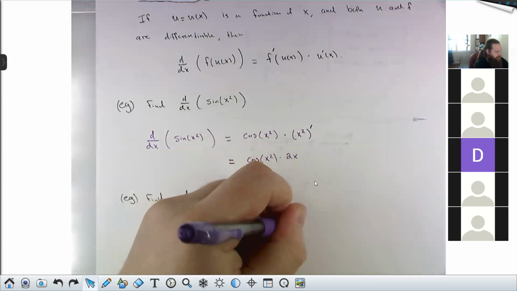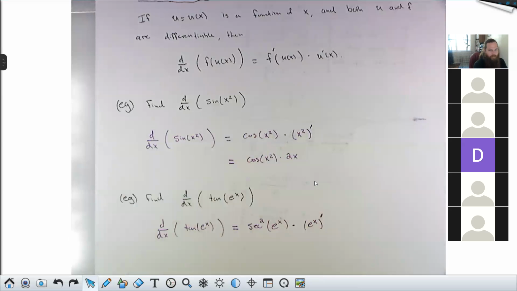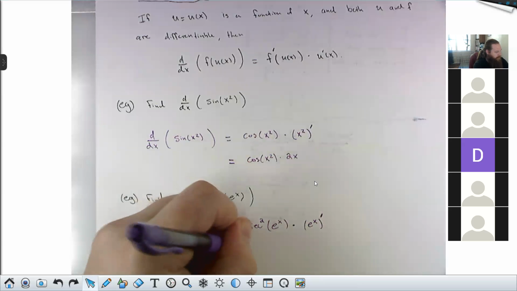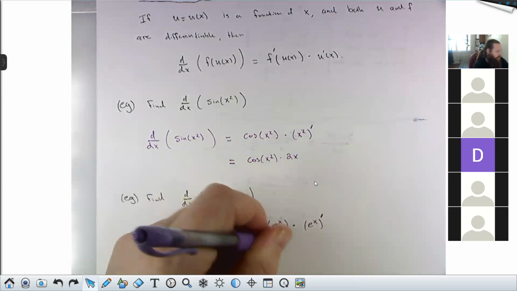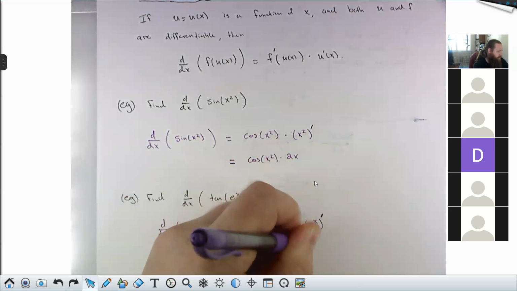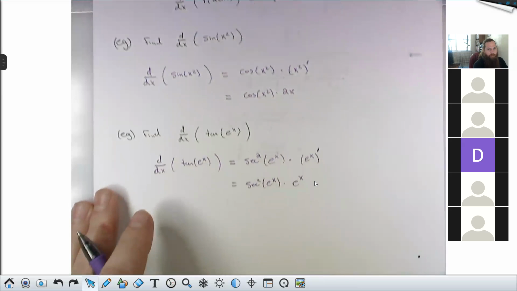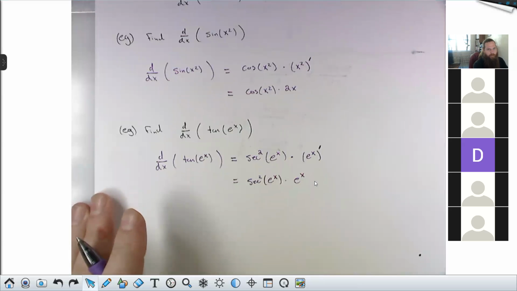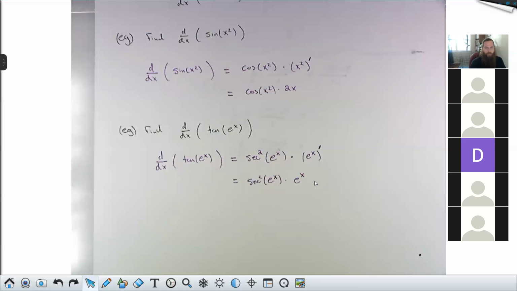And then I multiply this all by the derivative of that inner function. The derivative of e to the x is just e to the x. So this would be my derivative here. I'll do one more simple one like this before we look at more complicated stuff.